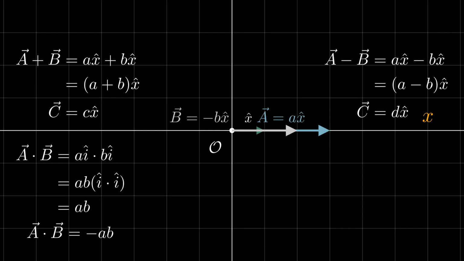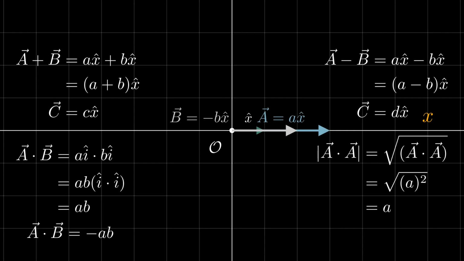Then, for the first case, cosine of 0 is 1, and we reproduce the same previous result. Otherwise, with cosine of 180, which is equal to -1, the scalar product between vectors A and B will be equal to -AB.